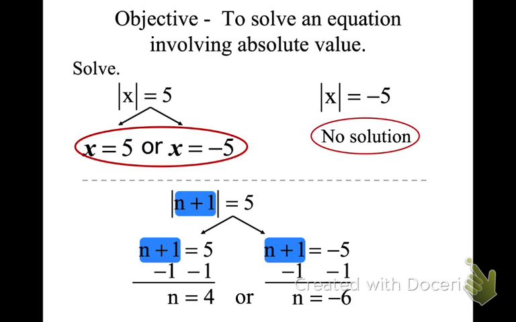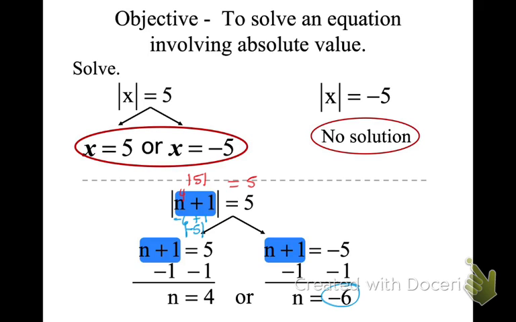And what this is saying is basically that if I put 4 into the absolute value, 4 plus 1 is 5, the absolute value of 5 equals 5. Or if I put negative 6, negative 6 plus 1 is negative 5.